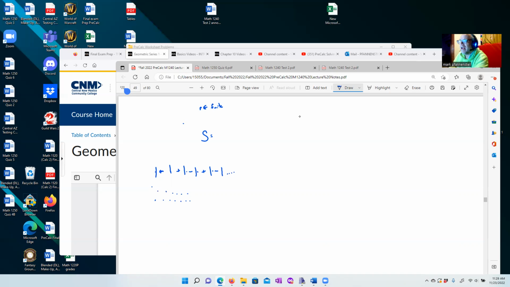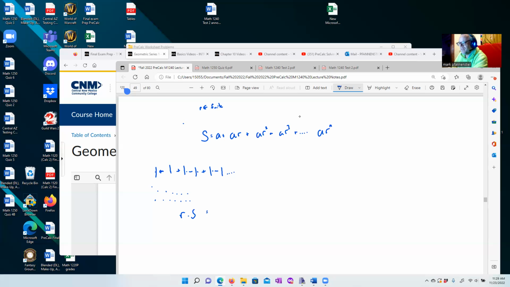So if I set my n to be finite, we have a plus ar plus ar squared plus ar cubed plus dot dot dot ar to the n. Remember, n is a finite number. Now I'm going to multiply by r, so I'm going to add one more term to this.